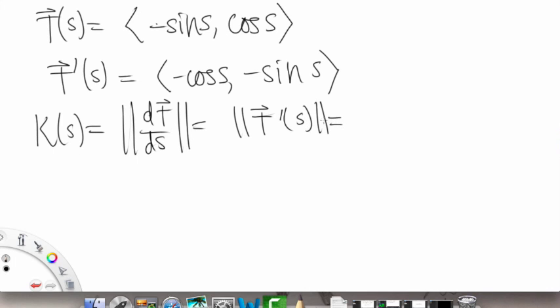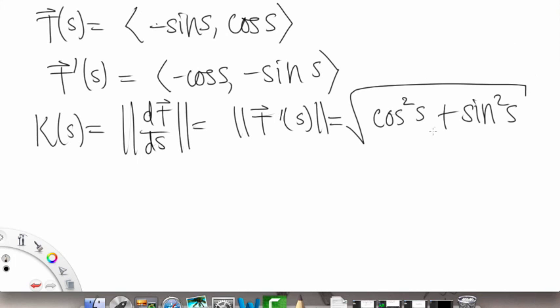It's the same thing, different notation. We square these, so we get cosine squared s plus sine squared s, and this works out very nicely to 1. So the curvature is 1, and that's k of s.